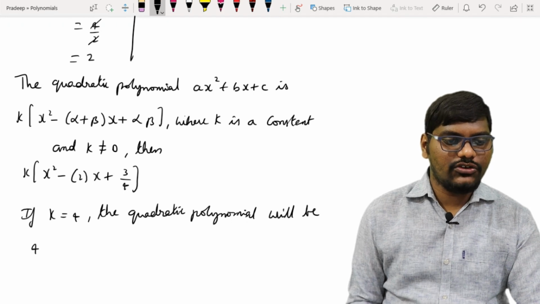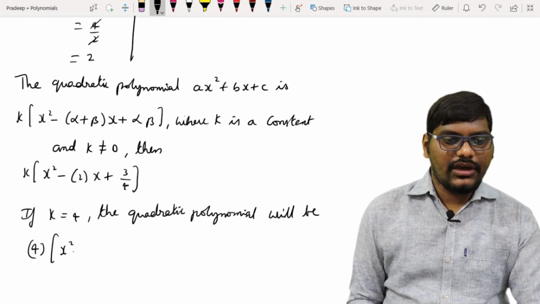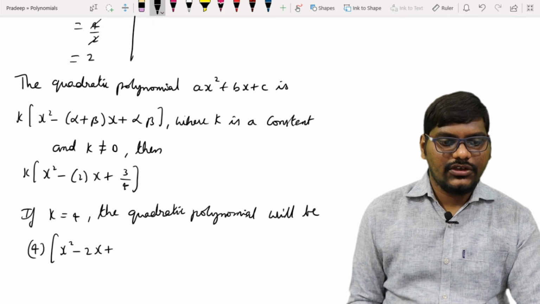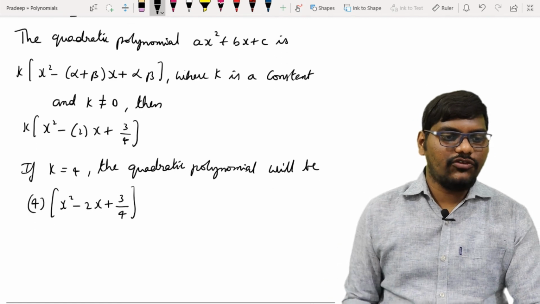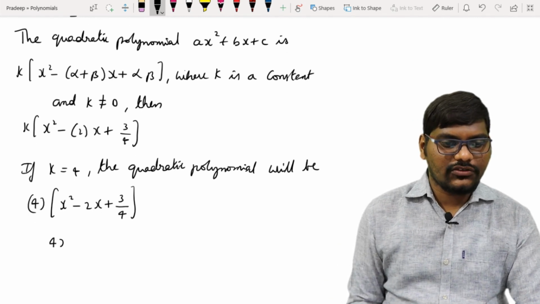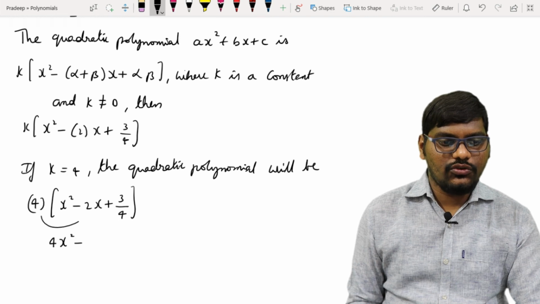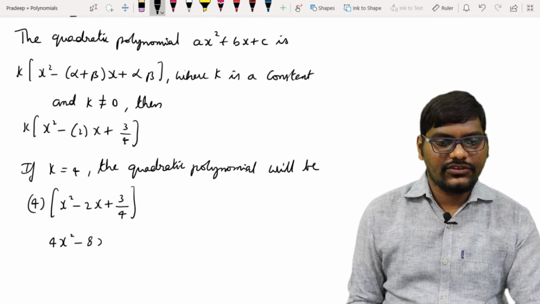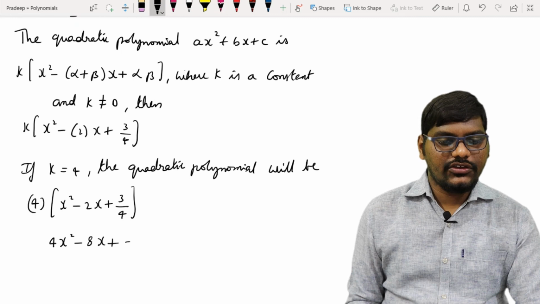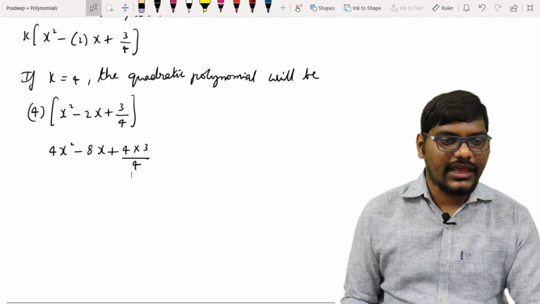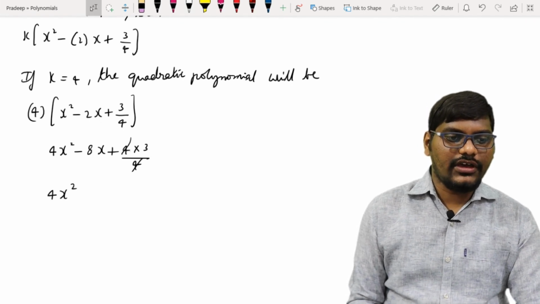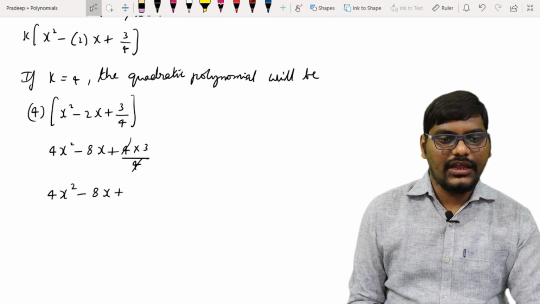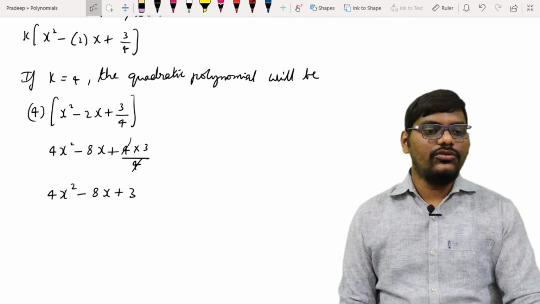So this is 4 into x square minus 2x plus 3 by 4. Okay, so let's substitute 4 inside. So this is becoming 4x square minus 4 2s, that is 8x, plus this is 4 into 3 by 4. So here this 4 and this 4 can be cancelled, so we'll be getting 4x square minus 8x plus 3 as the value which we got.